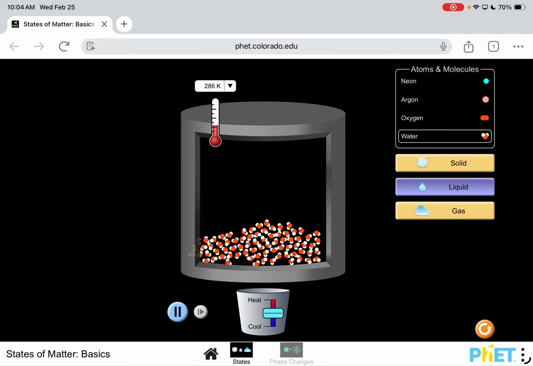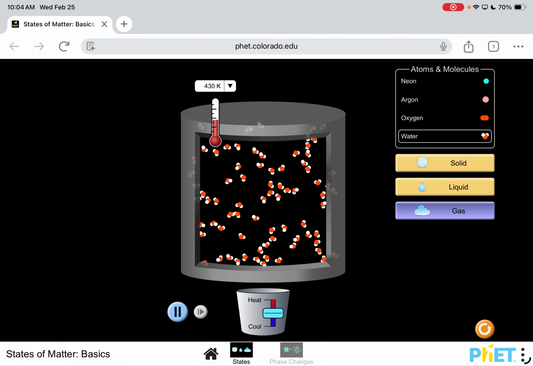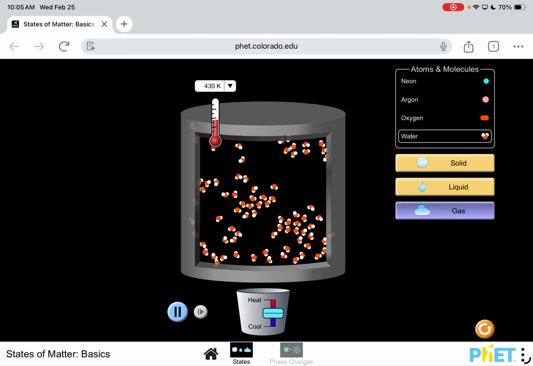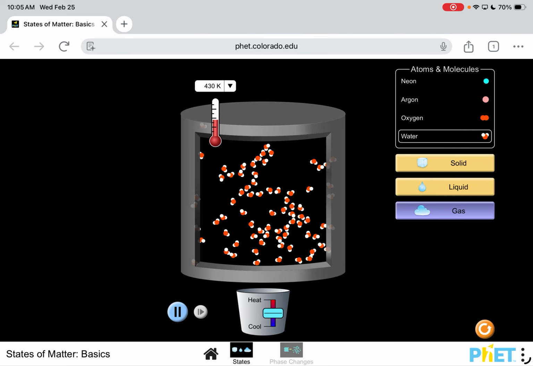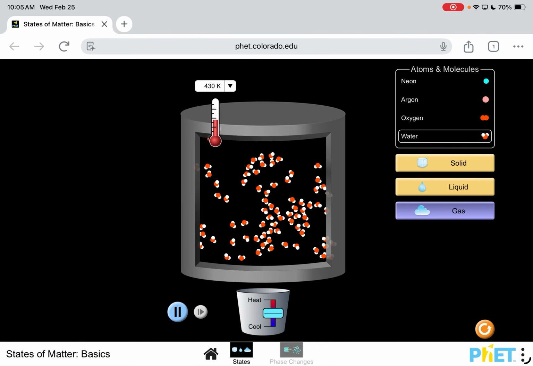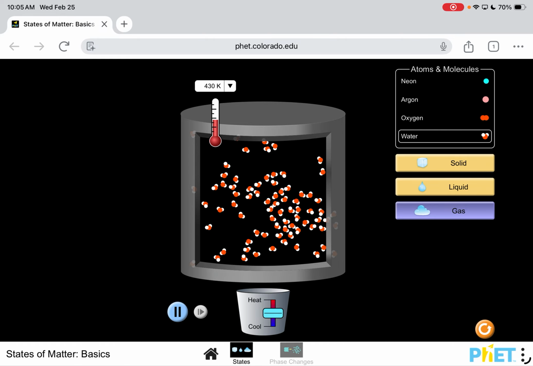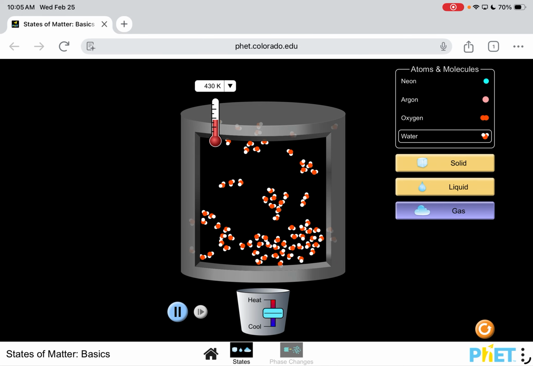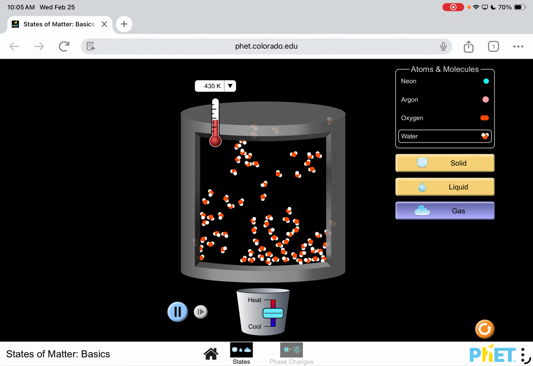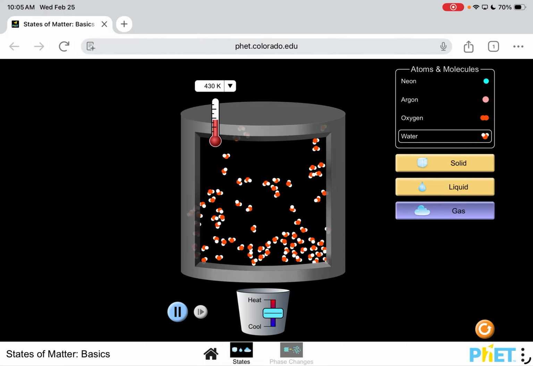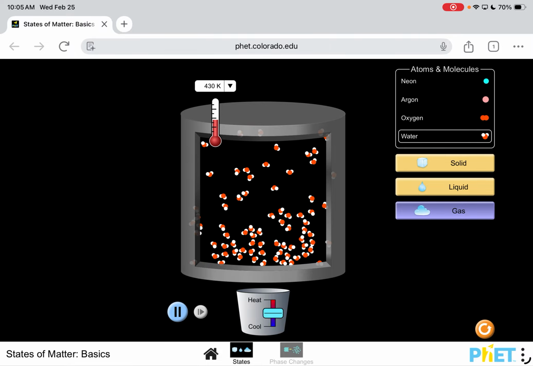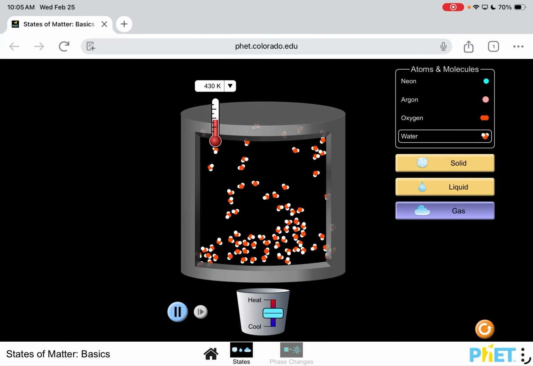And when you add enough heat to move them to a gas, so that's this one here, now they've gotten enough energy that they can actually separate from each other, okay? So they're not bound to each other, they're able to move freely in the container and kind of behave independently. They do still bump into each other. There might be some small interactions occasionally, but for all intents and purposes, they're behaving independently.